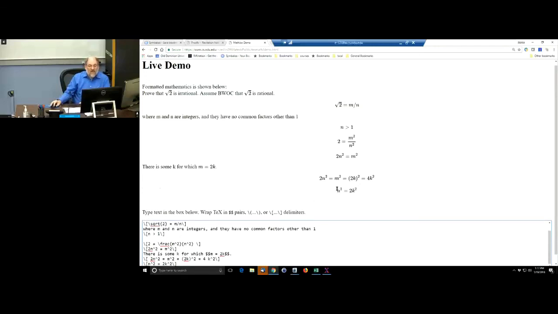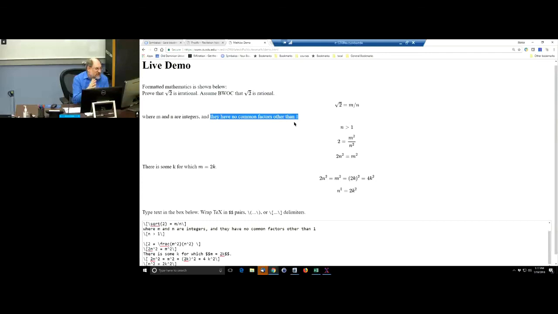And that means that n squared must be an even number, which means that n is an even number. So now we've established that both n and m are even numbers, which means both of them are evenly divisible by 2. And that contradicts our assumption that we made earlier, that we had chosen m and n so that they have no common factors other than 1.